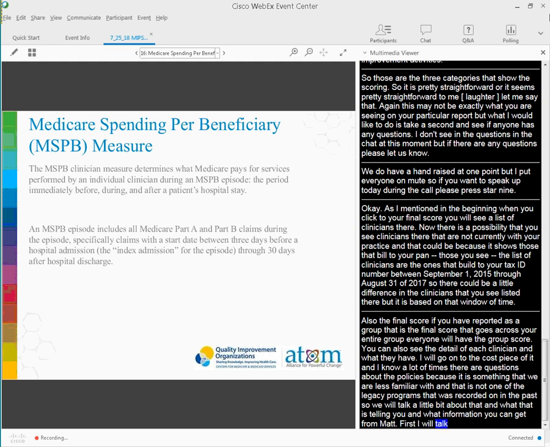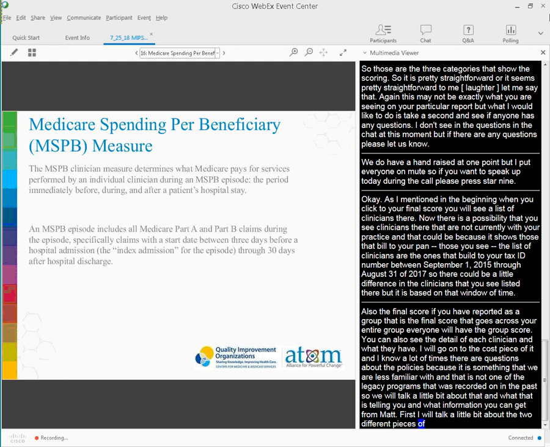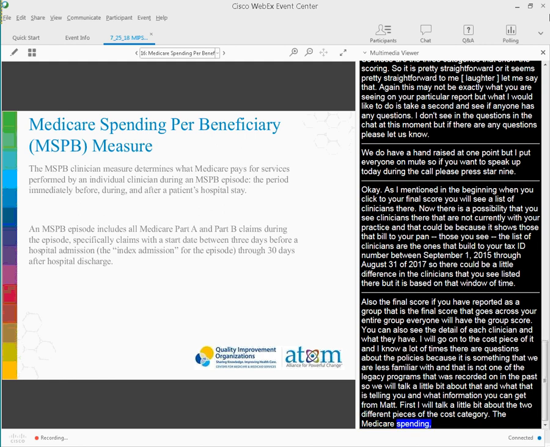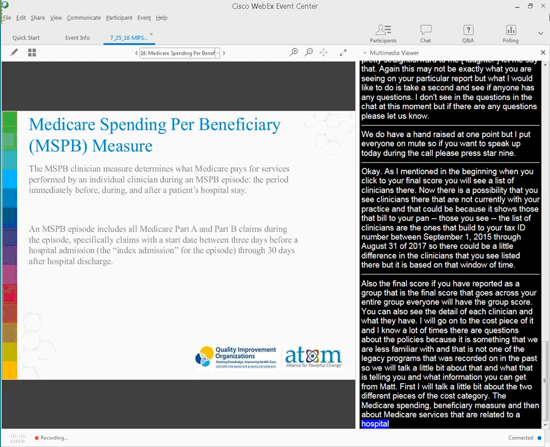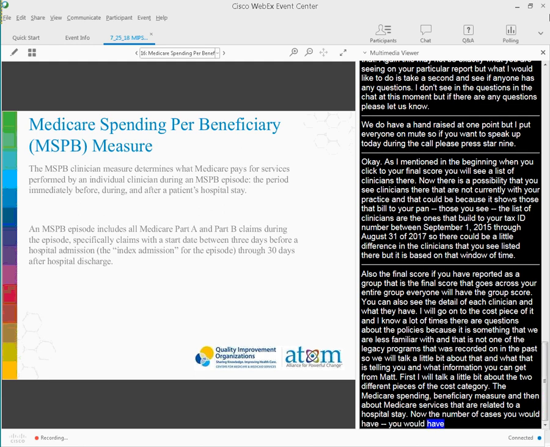The Medicare spending per beneficiary measure. And this is about Medicare services that are related to a hospital stay. Now, you would have to have at least 200 cases to even have the Medicare spending per beneficiary counted.